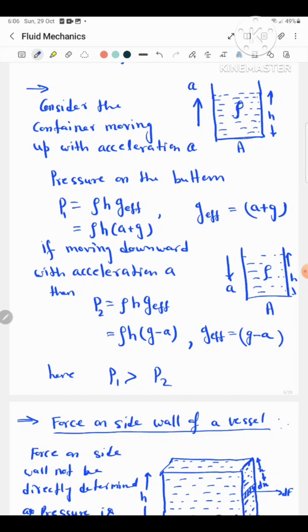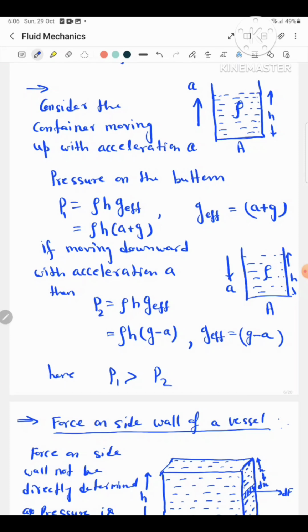Let us generate a question here. There is a container moving upward with acceleration a and another container moving downward with the same acceleration a, with the same liquid filled in these containers, of density rho, cross-sectional area A and height h.